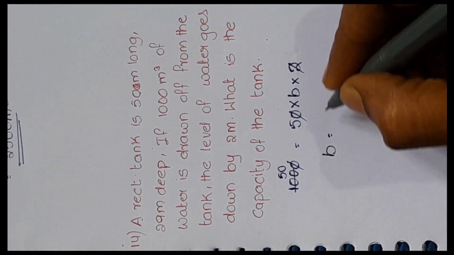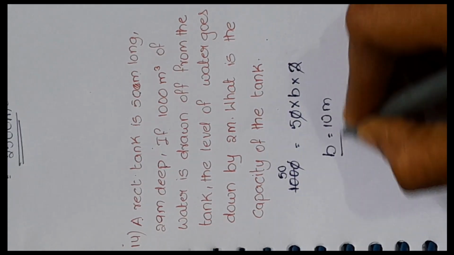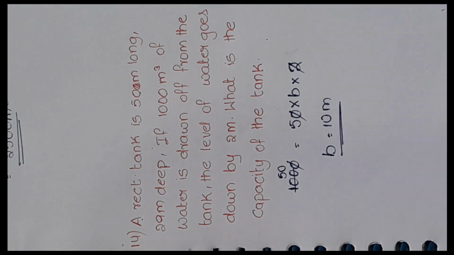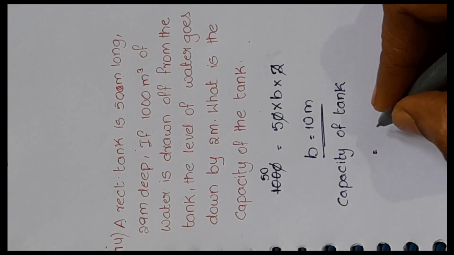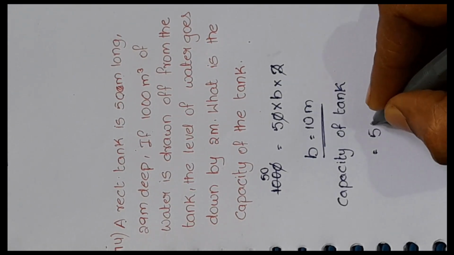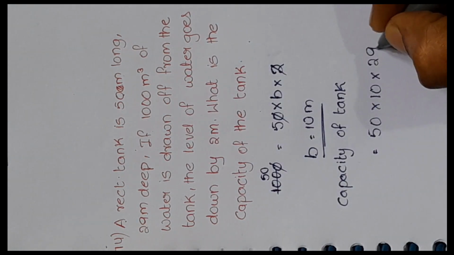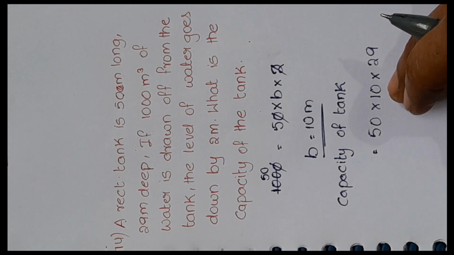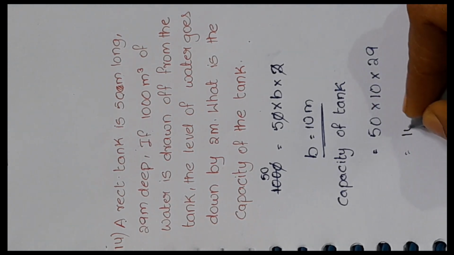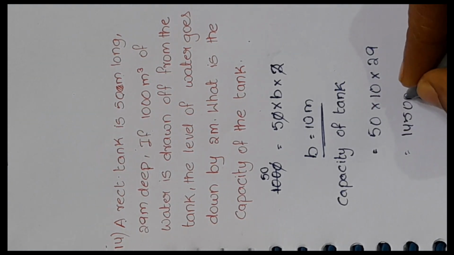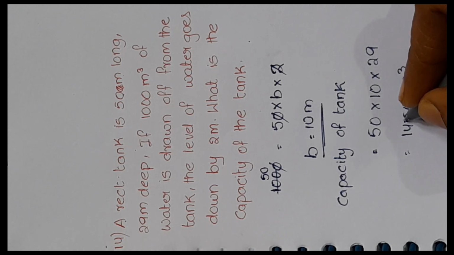Now the breadth is equal to 10 meters. We should now find the capacity of the tank. So the capacity of the tank is length into breadth into height. Length is 50, breadth is 10 and height is 29 meters. 50 into 10 is 500. 500 into 29 is 14,500 cubic meter, the capacity of the tank.